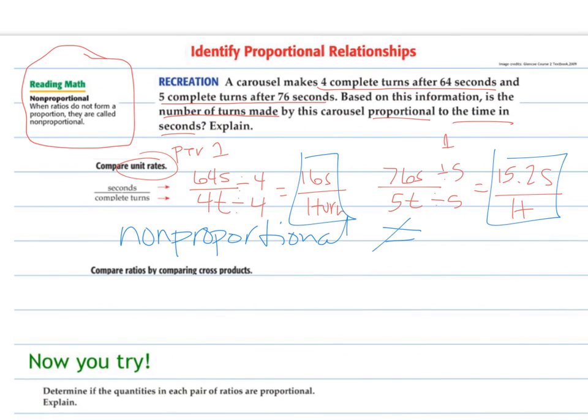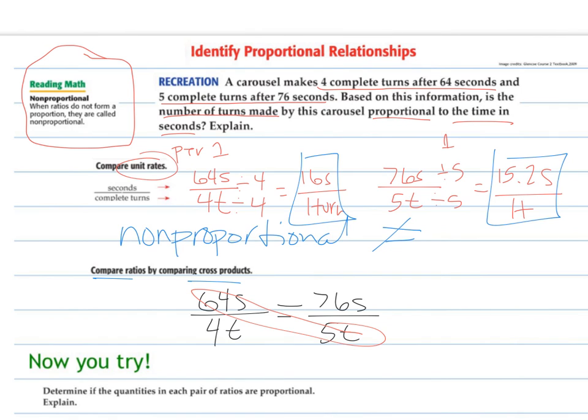Another way to check is to compare ratios by comparing the cross products. What I can do instead is set up both ratios or rates, so 64 seconds to 4 turns should be the same as 76 seconds to 5 turns. If I use my cross products, I'm doing 64 times 5 and 76 times 4.